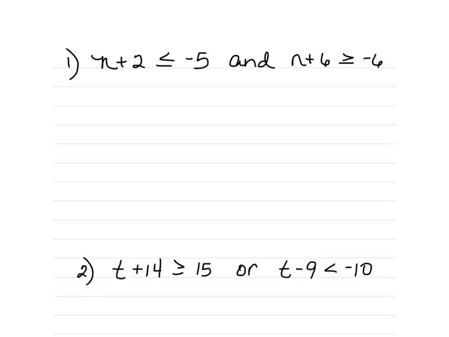Let's look at some and start solving them. Copy down number 1. Pause the video for a moment. The key word here is "and." This is an "and" situation. That means we have an intersection. So let's solve each of these. n minus 2 is less than or equal to negative 5.